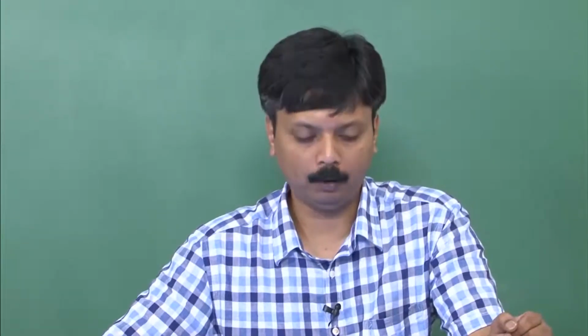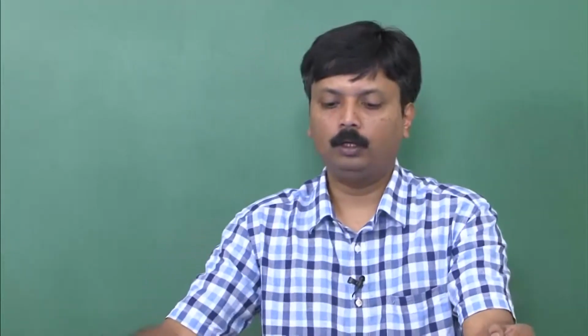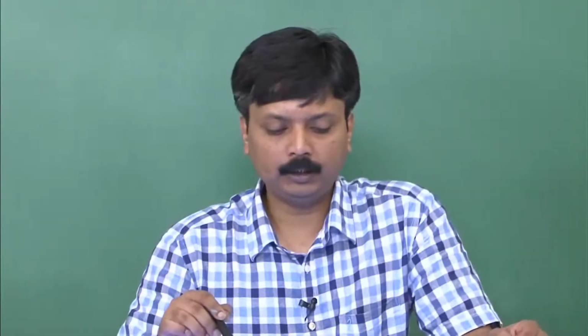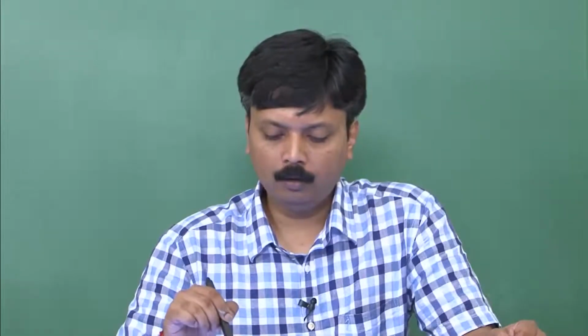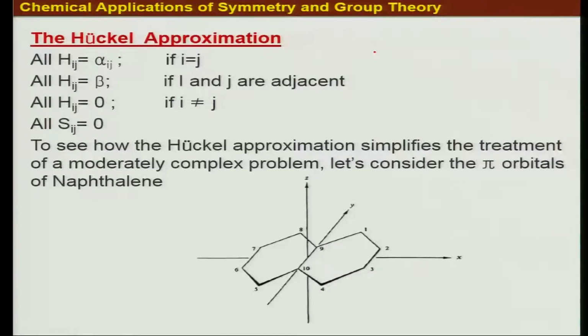And the overlap integral is taken to be zero under the Huckel approximation. So with these approximations, we will now see how it simplifies the treatment of a somewhat complex problem.